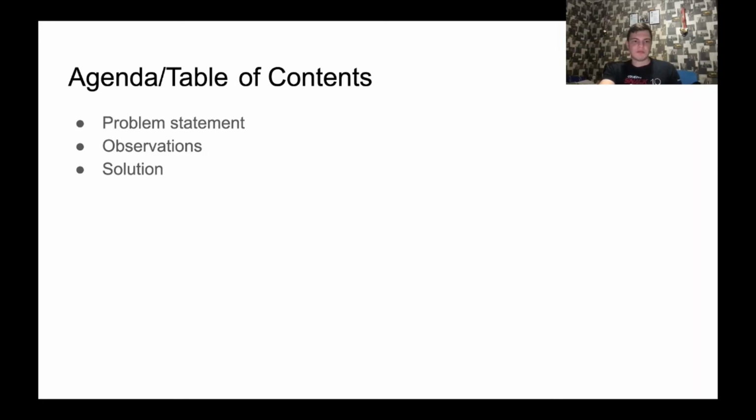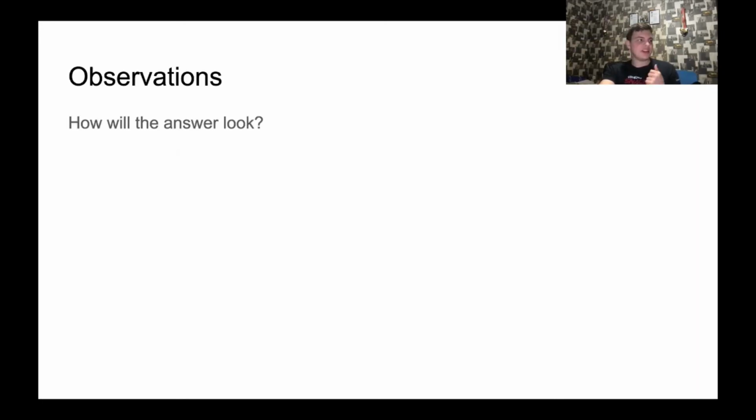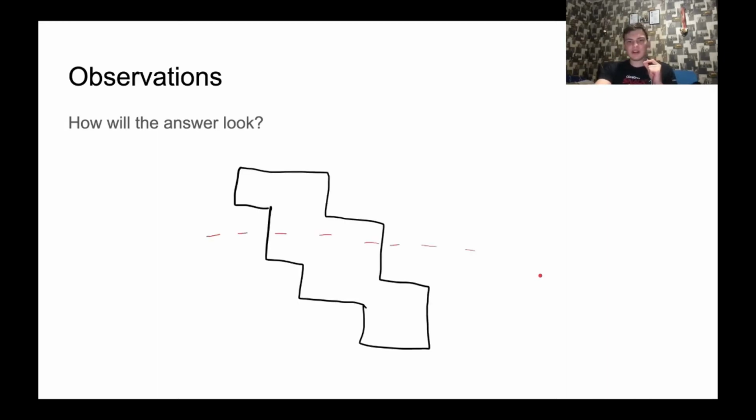The first thing you should start with is to consider how the answer will look. By this I mean, in the end you're going to have some set of cells which you are definitely going to take, and it has a very specific form. You can notice it's always something like that.